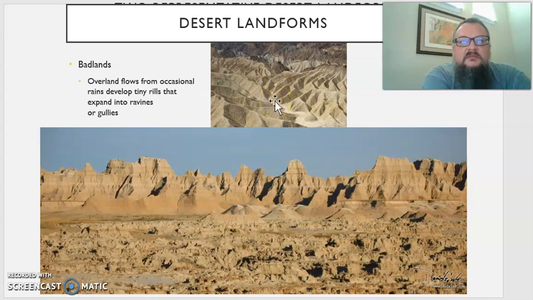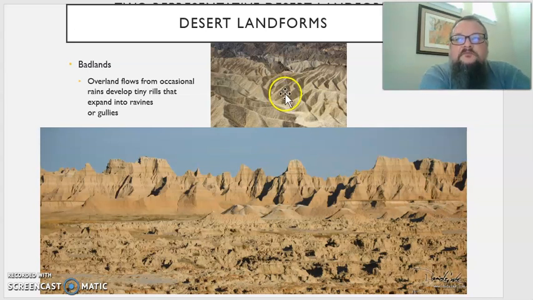But the word Badlands came from the pioneers who had to travel through there, and man, oh man, getting lost in a place like that would be an absolute death sentence. It's a bad land because there's no water, and getting through there would have been virtually impossible.